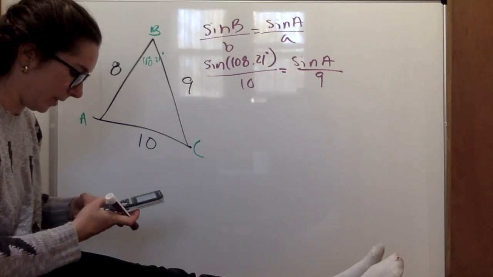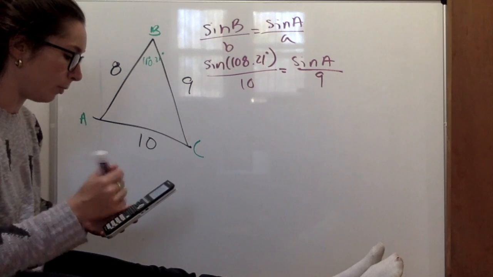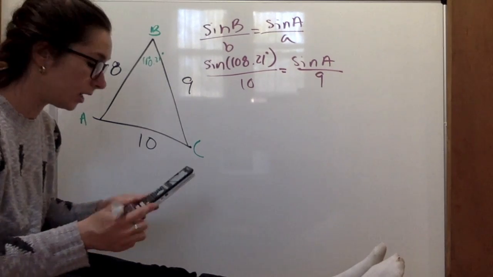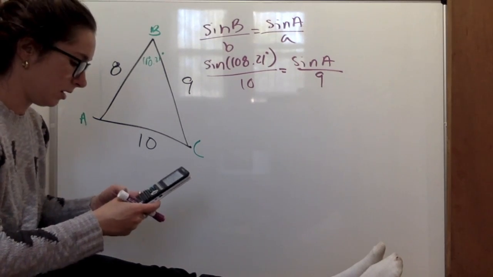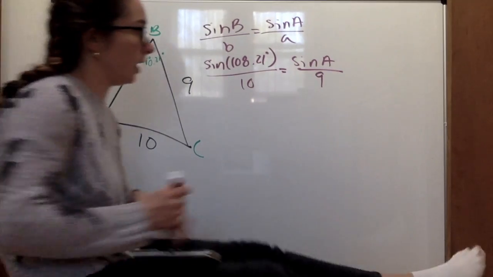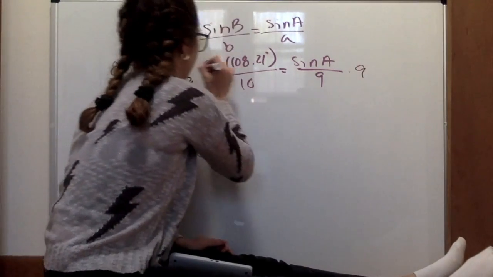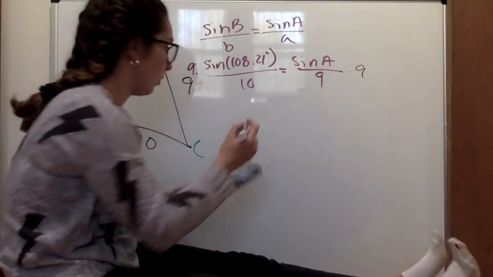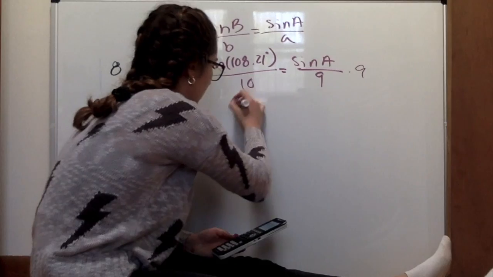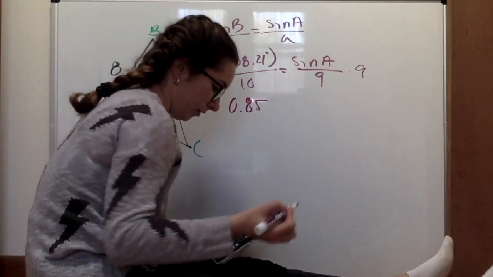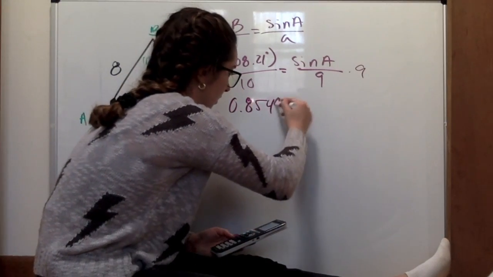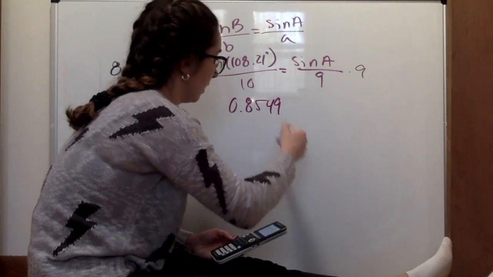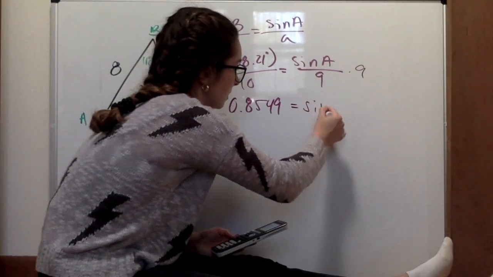I'm going to divide that by 10, I got 0.09499, I'm going to multiply that by 9, because I'm going to be multiplying by 9 on both sides to get rid of the 9 in the denominator over there. So now this whole thing is going to be equal to 0.8549257719, and that equals sine of A.